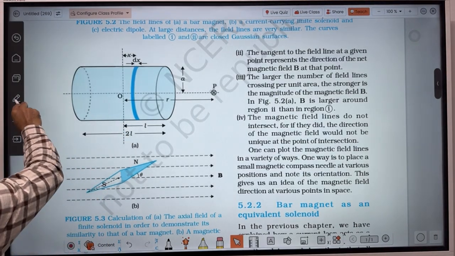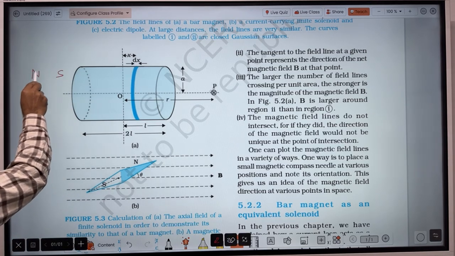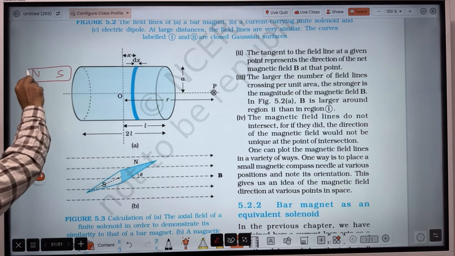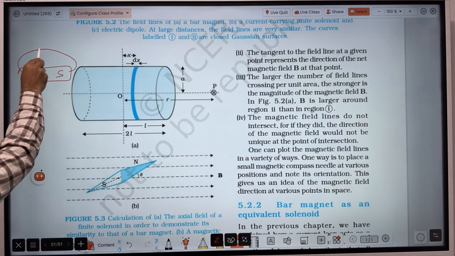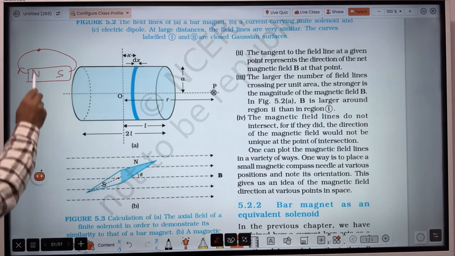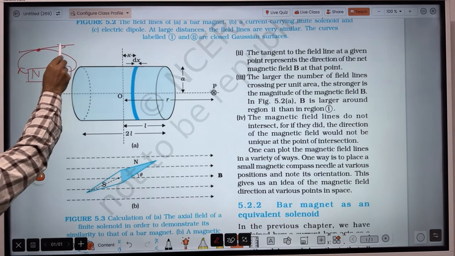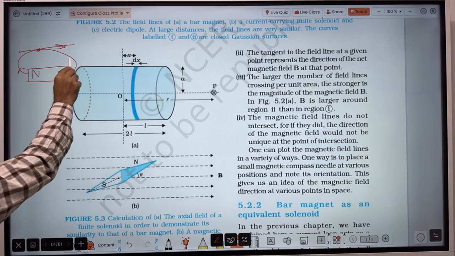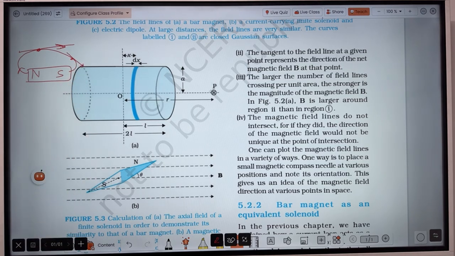Do you understand this concept? It means suppose this is the north pole, this is the south pole, and you draw a field line like this, right? At this point, if you want to find the magnetic field, then draw a tangent. So at this point, the direction of the magnetic field will be like this. At this point, if you draw the tangent, the direction will be like this, right?